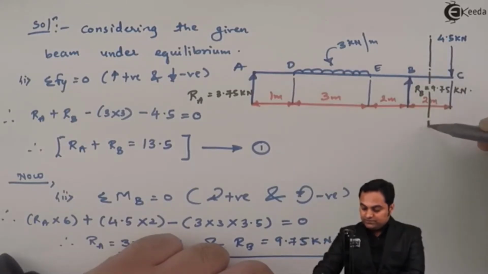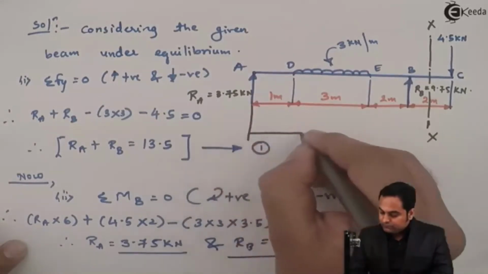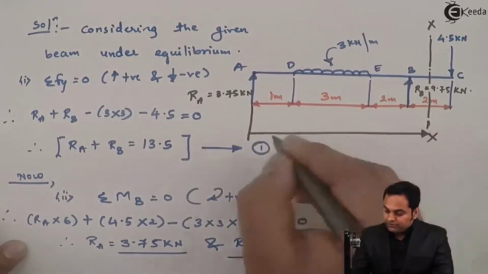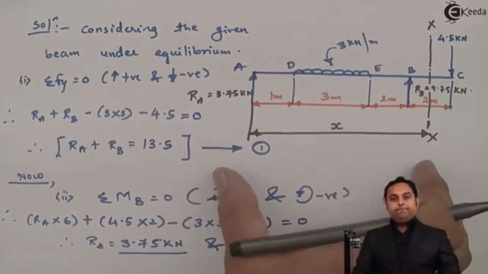This is the section XX located at distance x from point A.